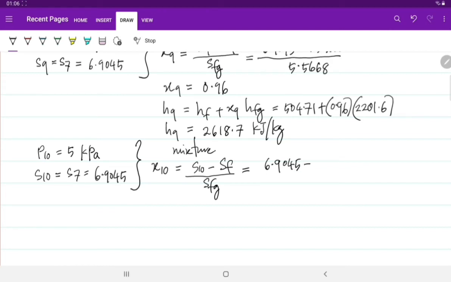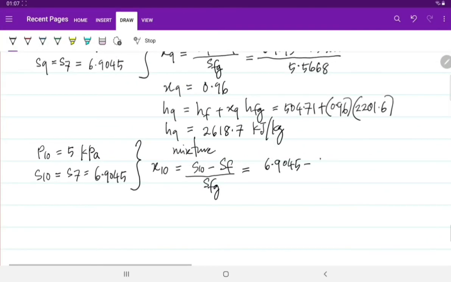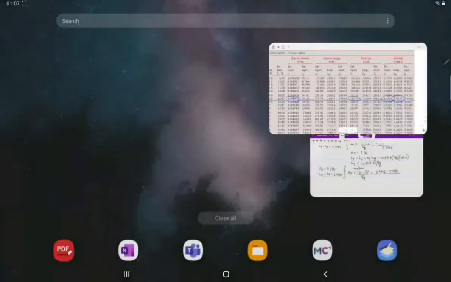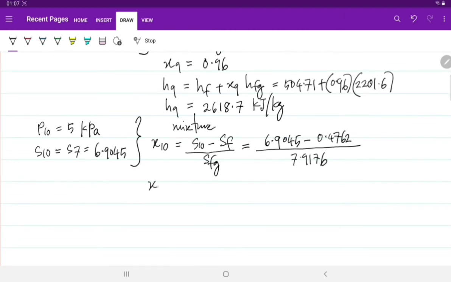SF from the steam table is 0.4762, divided by SFG 7.9176. Right, you have X10 equals, put it in the calculator, 0.81.